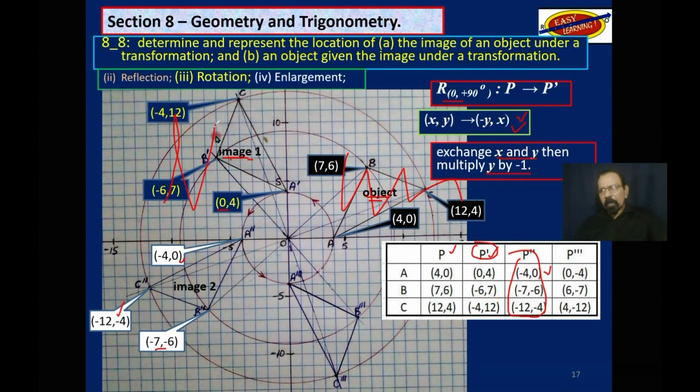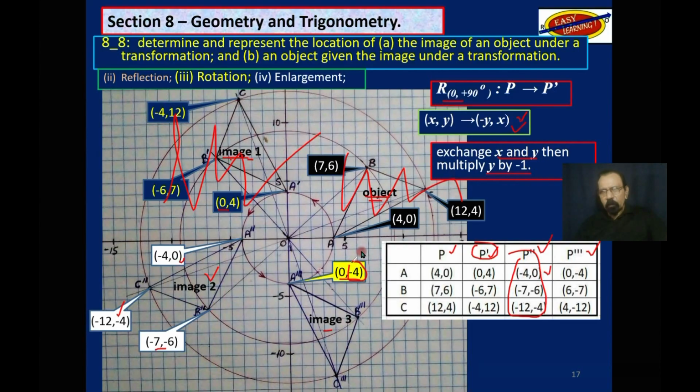Okay, let us forget that one and now use this as the object. And how do we get this image here? So we are now using this as object, and let's see if we get that as the image. So this is negative 4, 0. What do we expect here? We expect the y to become x and the x to become y, making that new x negative. But since it is 0, it doesn't make a difference. So what do we get here? We get 0, negative 4.